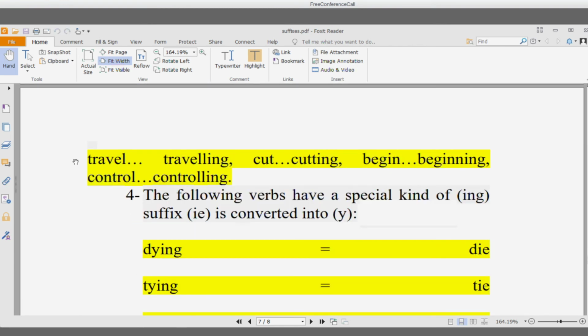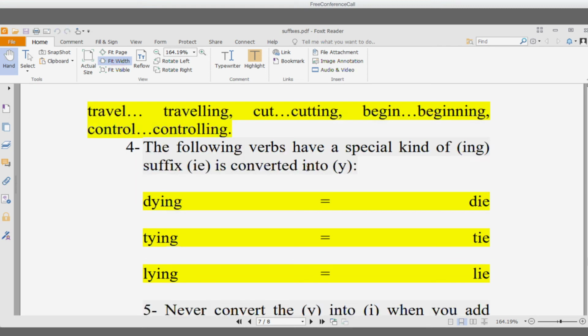For example, travel, traveling, duplicate the L letter here because it's preceded by E, so it becomes traveling. Cut, cutting, begin, beginning, control, controlling. Duplicate the consonant letter when it's preceded by a vowel.